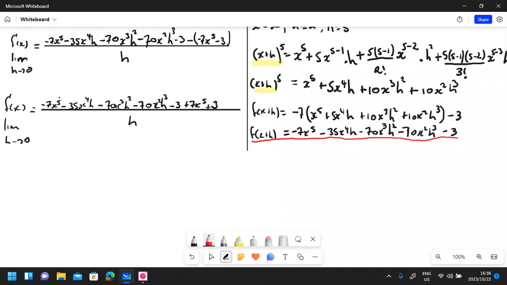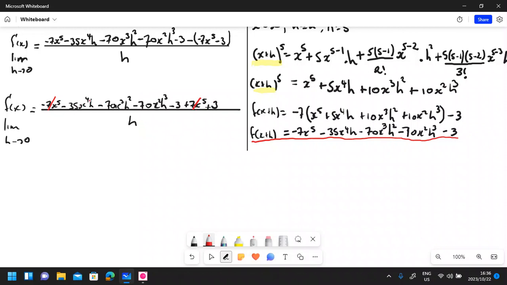It doesn't have h, it's just only x. So this one must have its own like term. If you go further, the last two terms, you have positive 7x to the power of 5, which is the like term of the first one there. So this one is positive and the first one is negative, so they're going to subtract each other and they're going to give you 0.